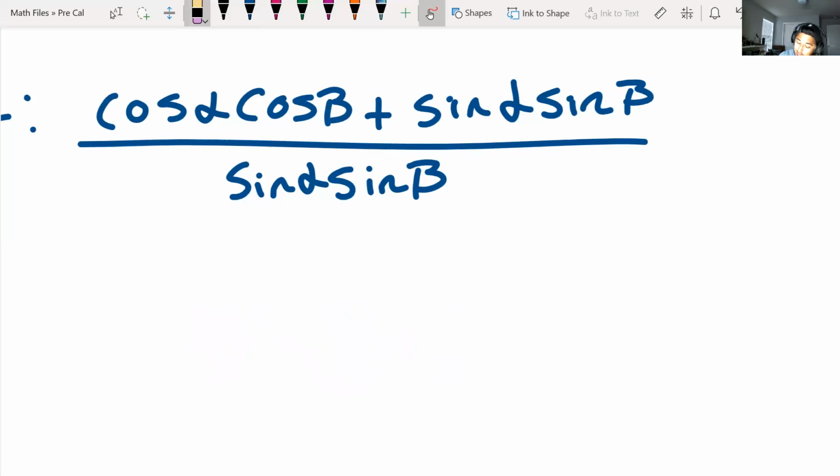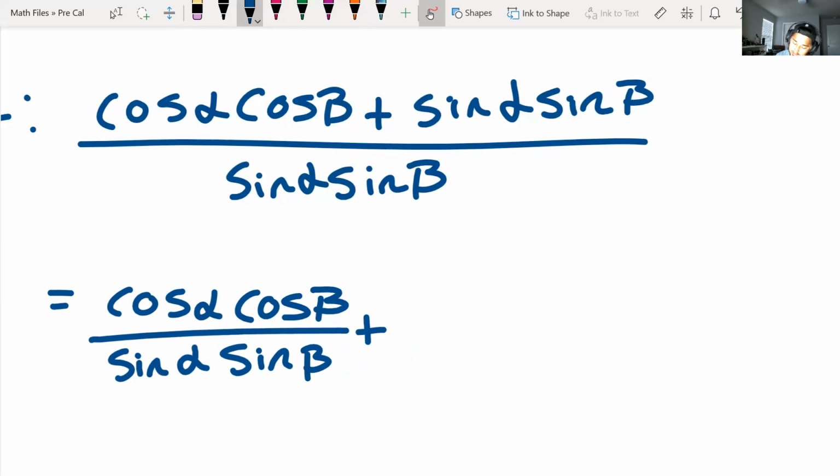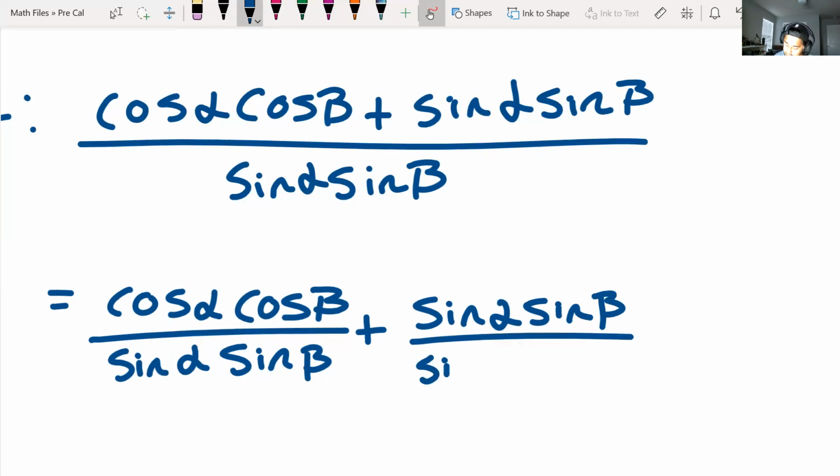There you go. So that's what we're going to do here. We're going to split this into two fractions. This is going to be cosine alpha, cosine beta over sine alpha, sine beta plus sine alpha, sine beta over sine alpha, sine beta.